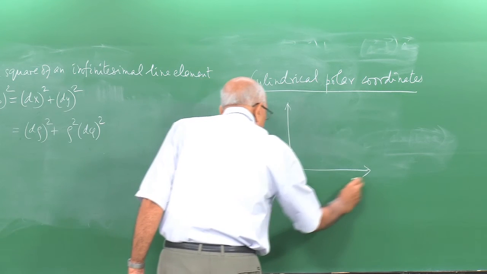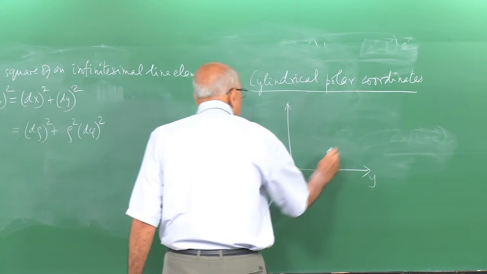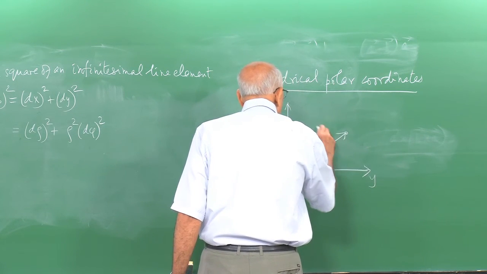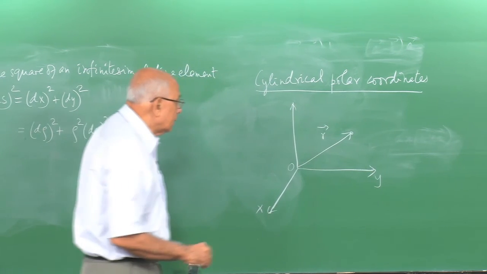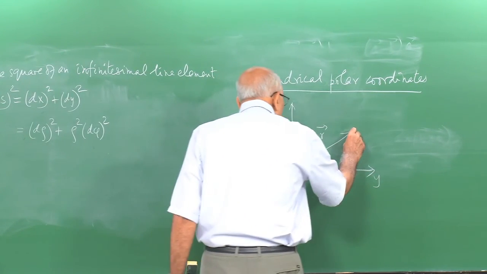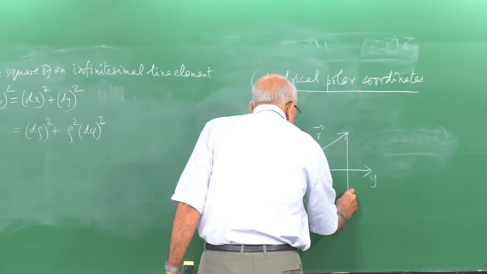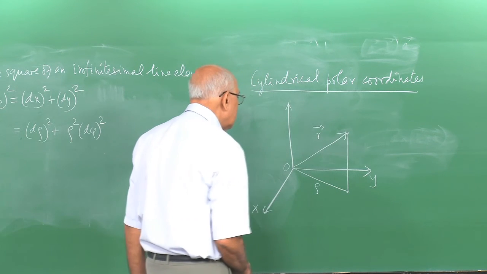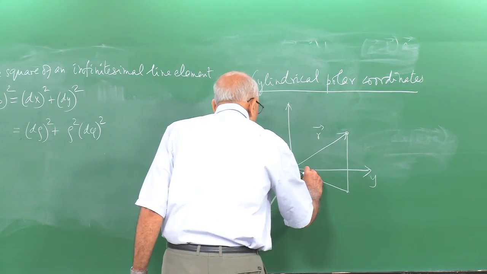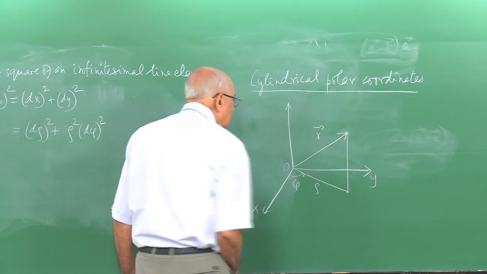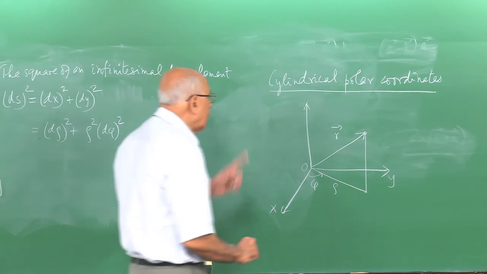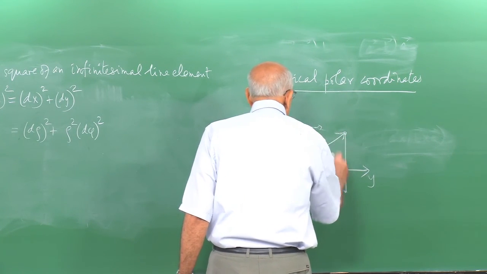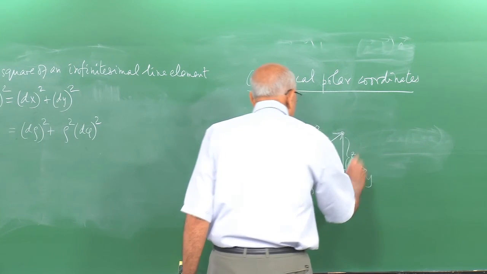So this is the xy plane on which you use plane polar coordinates, and if you have an arbitrary point here with a radius vector r in 3 dimensions, then the cylindrical polar coordinates would correspond to drawing a projection of this onto the xy plane here. That distance is rho as before. This angle from the x-axis is the azimuthal angle phi as before, and the third coordinate is this height here, which is the same as this height here, and this is z.